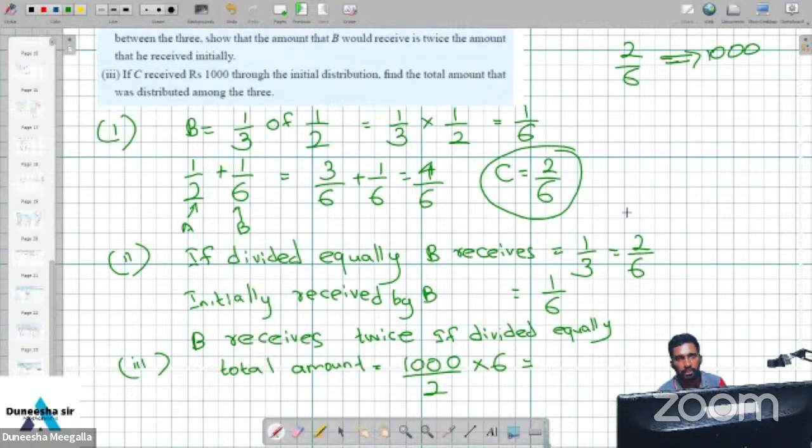How much is the total amount? Okay, find the total amount. After you finish it, raise your hand.